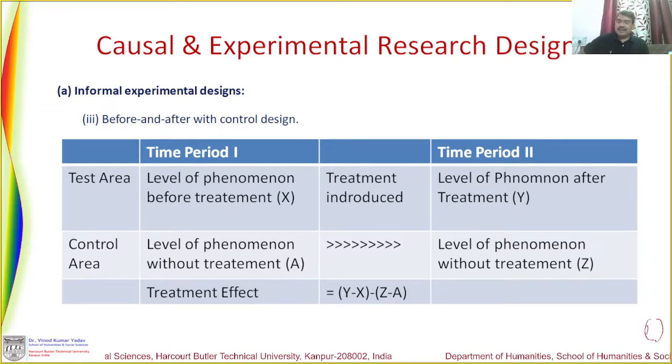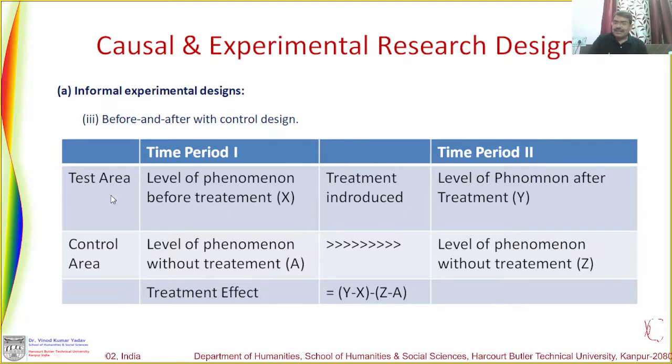So you can just nullify that extraneous factor in a more stronger way, and then you give treatment, and then after certain period, now you look at the yield effect of that treatment.